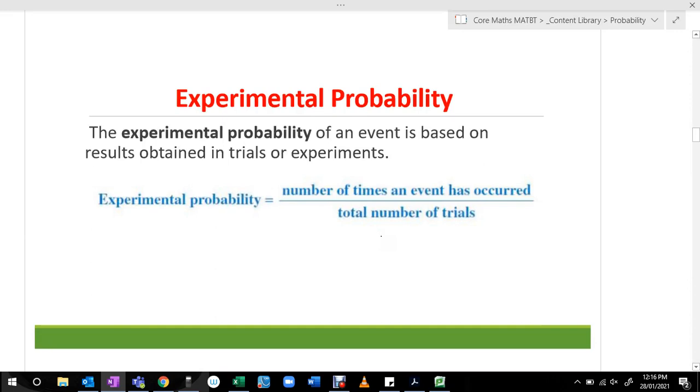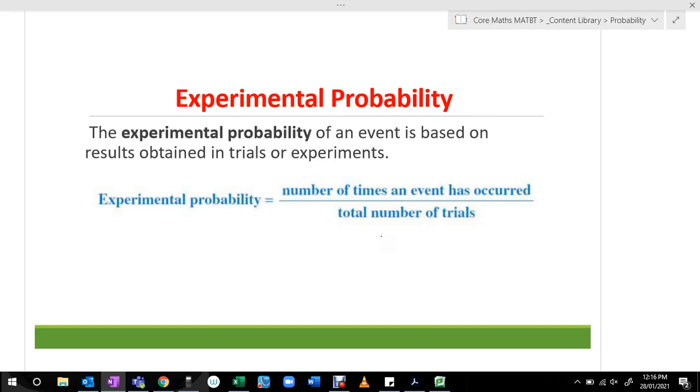Okay, let's move on. This is the formula it refers to, but basically an experimental probability is the probability of an event based on results that you've obtained by doing something. So you might actually flip a coin 20 times, and then you can figure out the experimental probability of getting a heads.